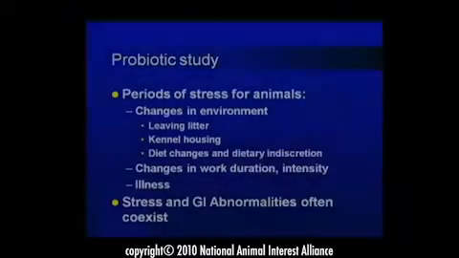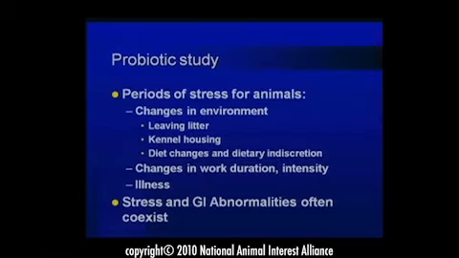So the next thing we did, again, for me a slightly unexpected result that really highlighted the complexity of this whole enterprise, was we looked at whether we could affect certain things with probiotics.